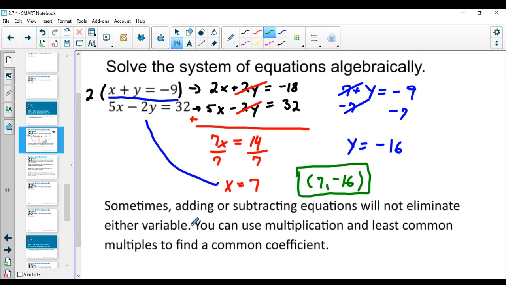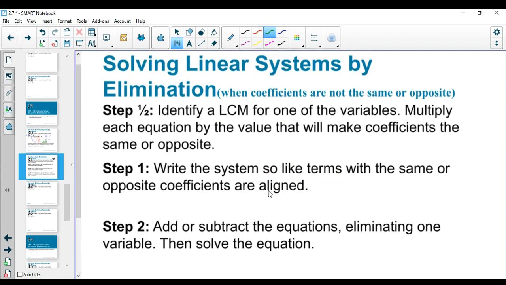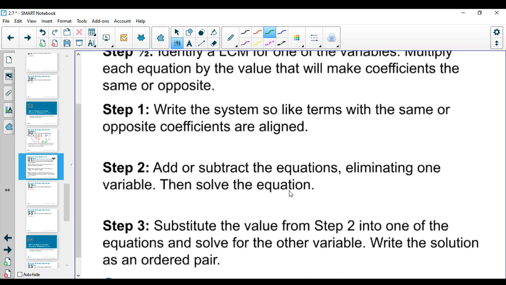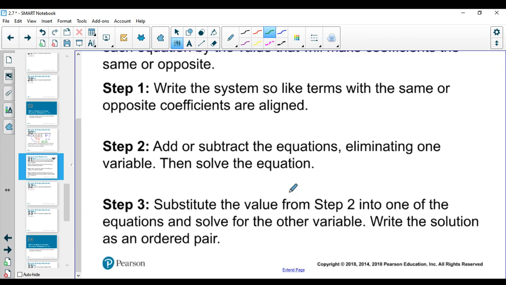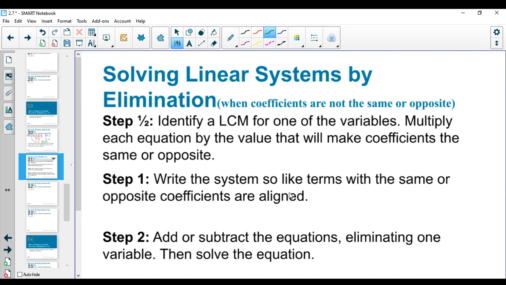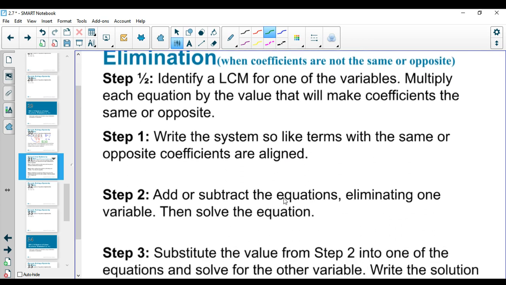And so sometimes adding or subtracting equations will not eliminate another variable, but you can use multiplication or at least common multiples to find a common coefficient. So you want to get one of the coefficients to match or be opposite. And here's a list of steps, but again, I hate writing down steps, so I'm going to skip off this slide pretty fast. So if you are taking notes at home, I'm scrolling through these steps so that on the video that I will post on Google Classroom later, if you want to write down the steps, you absolutely can.